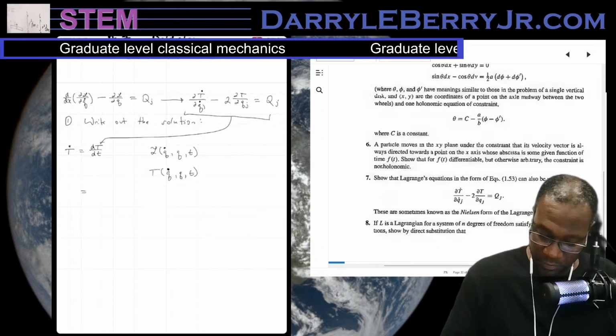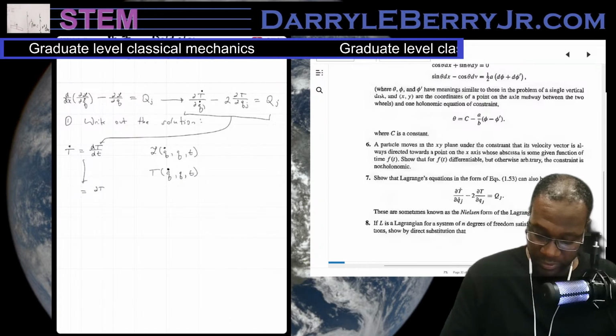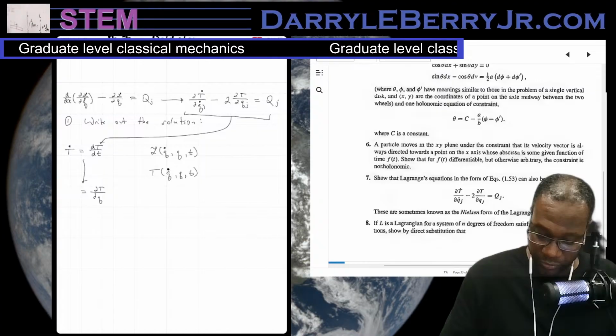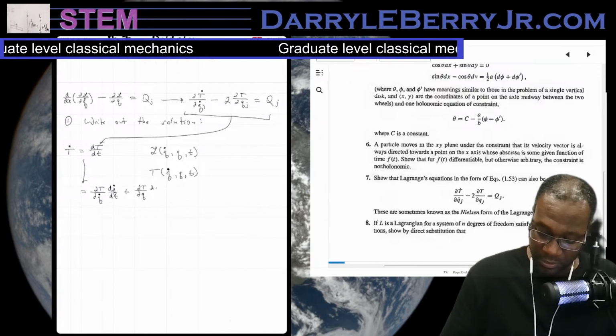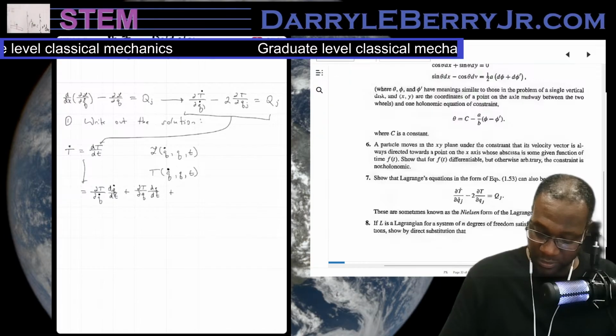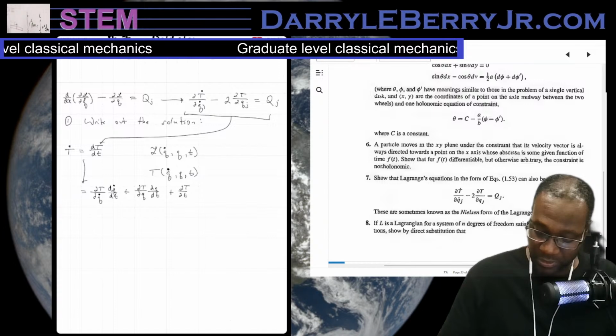So this equals partial T with respect to partial q dot, and dq dot over dt, plus partial T partial q and dq over dt, plus partial T partial t and then dt over dt.